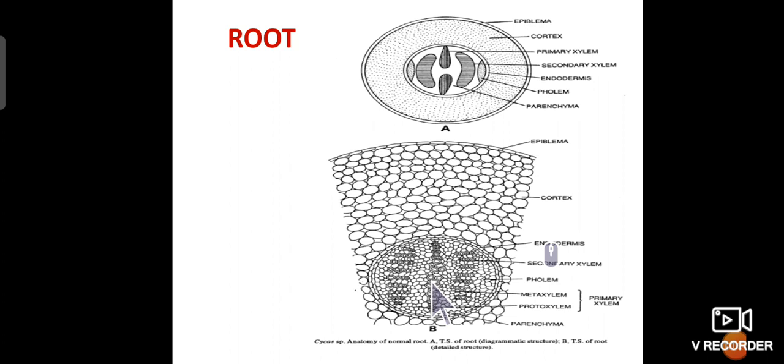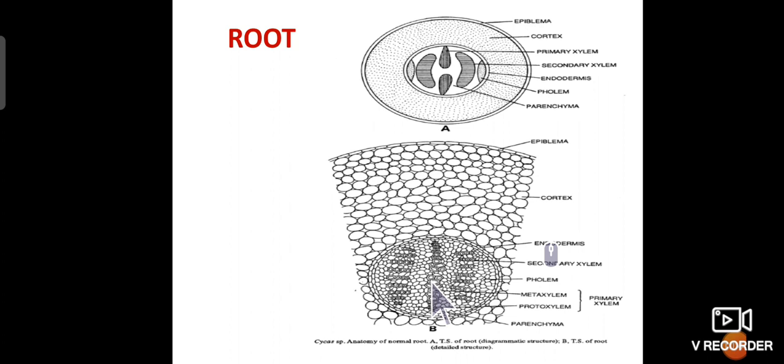This is actually the picture showing the TS of a young root. So you cannot see the bast fibers here, but they are usually present in the older parts of the roots. These bast fibers are plant fibers present in the phloem.